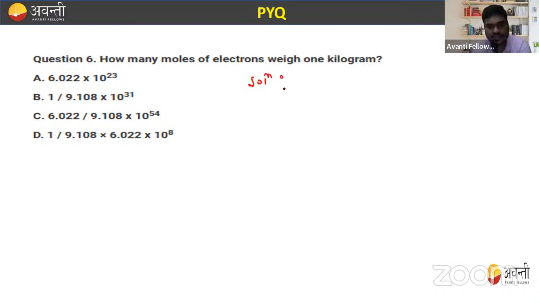Just tell me, what is the mass of an electron? You have to calculate how many moles of electron weigh 1 kilogram. It means how many moles we require for making 1 kilogram. So we all know the mass of electron is what?